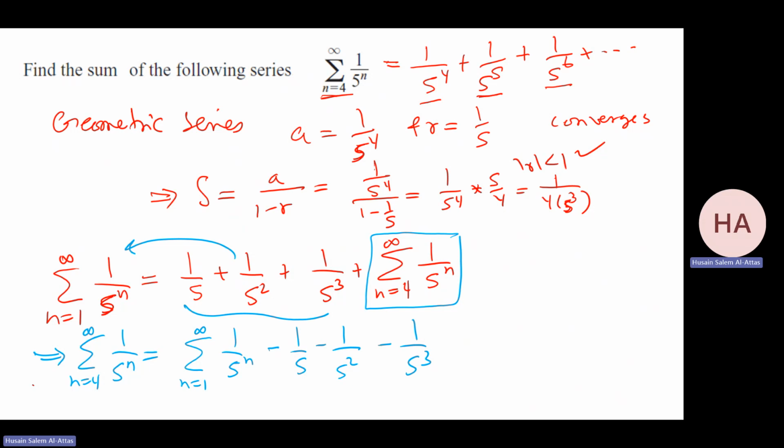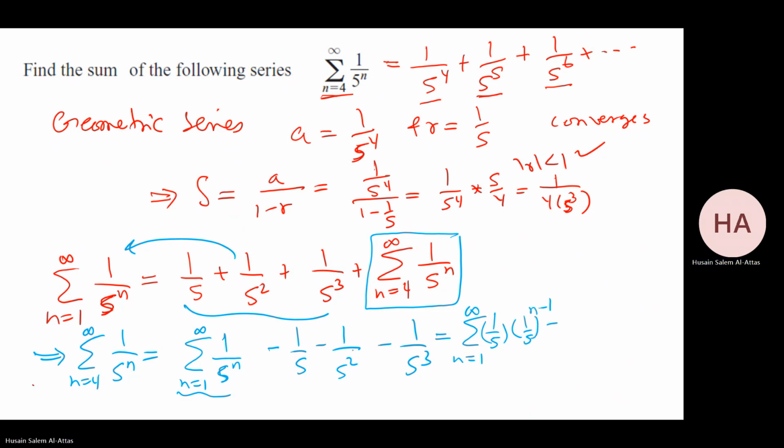I took this to the other side. This one, I can write in the format, the summation n equal 1 to infinity, 1 over 5 times 1 over 5 to the power n minus 1.